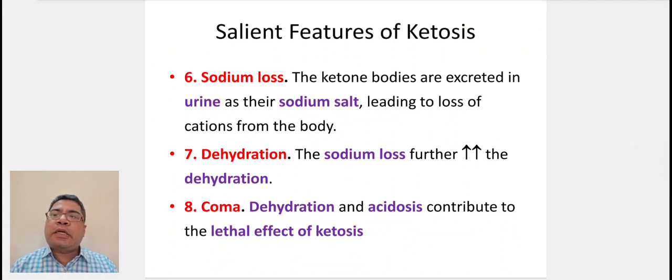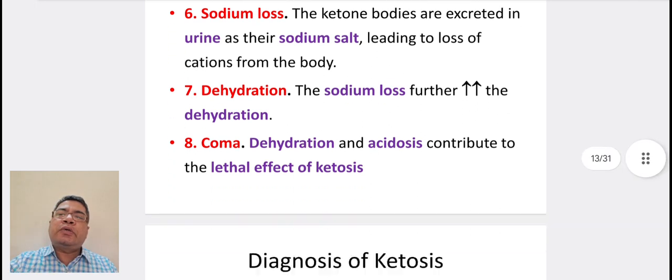The ketone bodies are excreted in the urine as their sodium salt, hence leading to loss of cations from the body. Dehydration: the sodium loss further increases the dehydration. Coma: dehydration and acidosis together contribute to the lethal effect of ketosis.